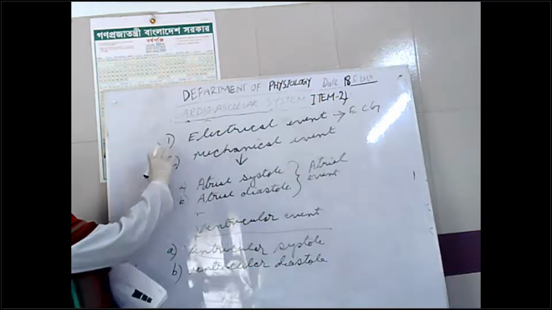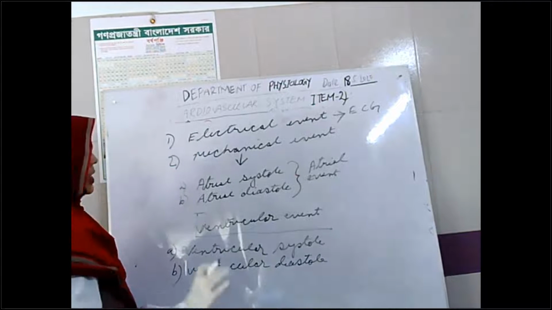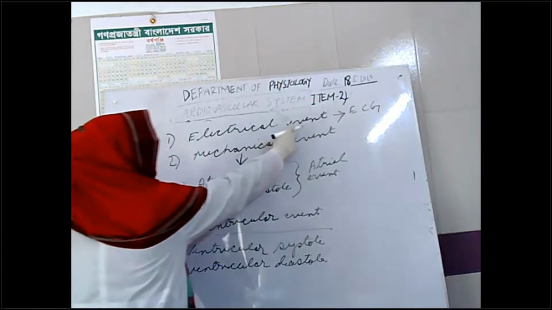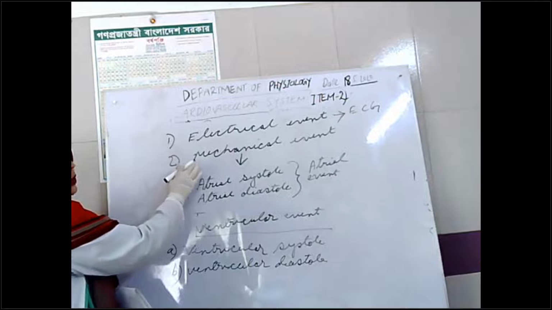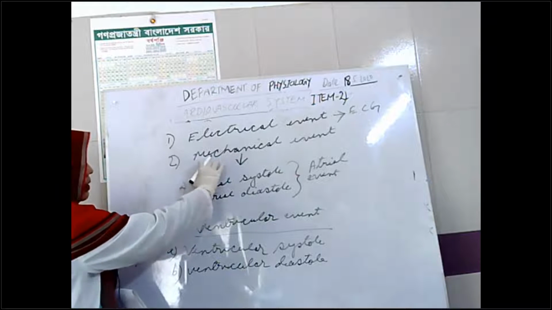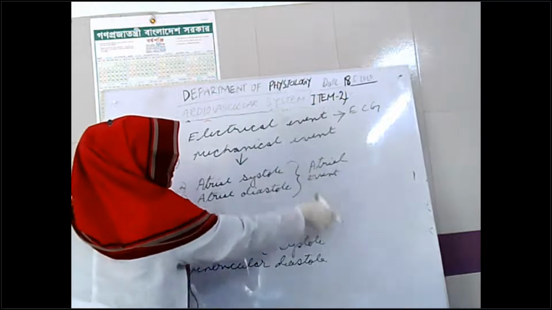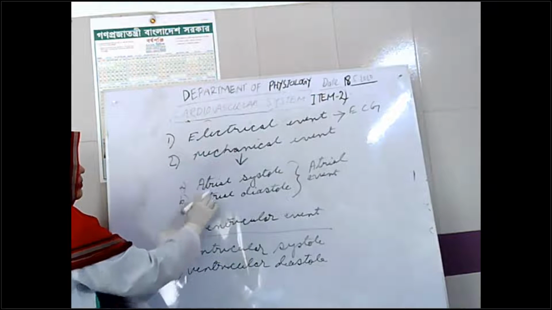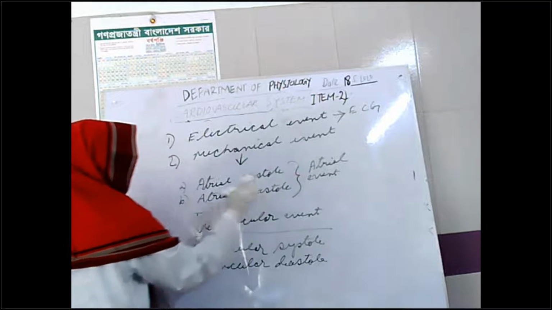So we can conclude here that two events occur in the cardiac cycle. Number one, electrical event, that is ECG. Number two, mechanical event. Under the mechanical event, there is the atrial event and the ventricular event. Atrial event: atrial systole and atrial diastole.